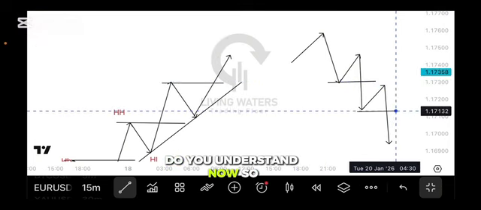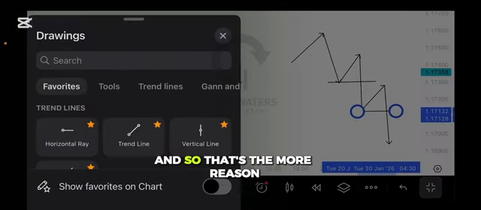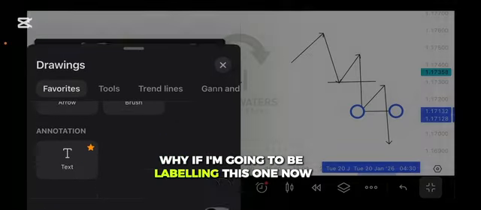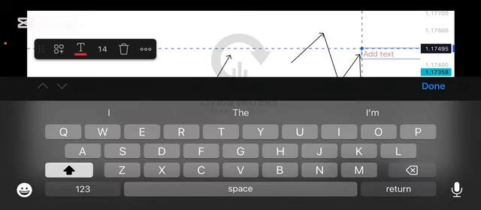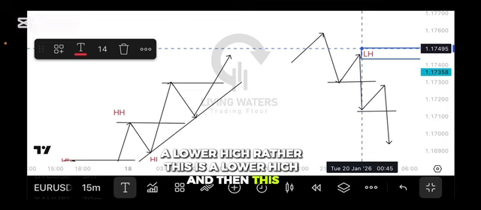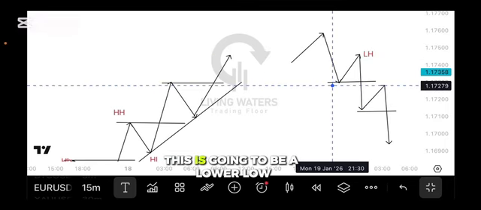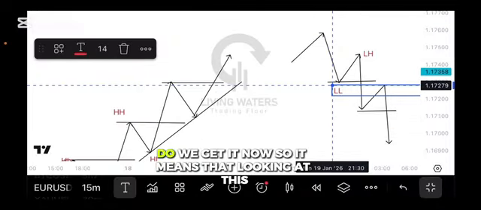Do we understand now? So new lows are being broken, new lows are being taken out. So if I'm going to be labeling this one now, I will say this one is a lower high. This is a lower high, and then this is going to be a lower low. Do we get it now?